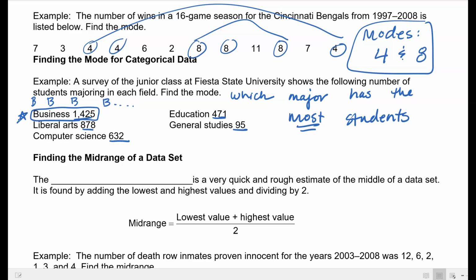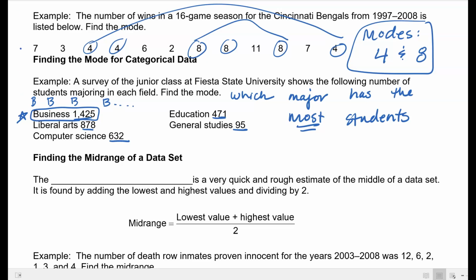That's going to be our mode because it occurs the most. And it's categorical data because we have these set categories associated with the number. So hopefully you'll be able to spot this easily in the homework because each of these numbers actually have a category attached to them. So you'll approach it this way when you have a problem like that.